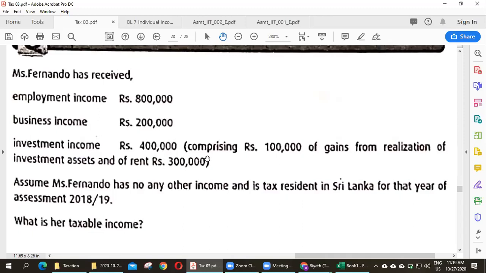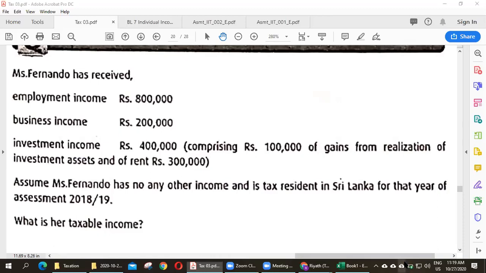Out of this 400,000, comprising rupees 100,000 of gain from realization of investment assets and rent income 300,000. Assume Ms. Fernando has no other income and is tax resident in Sri Lanka for that year of assessment 18/19. What is her taxable income? Right? Are you clear about this question?